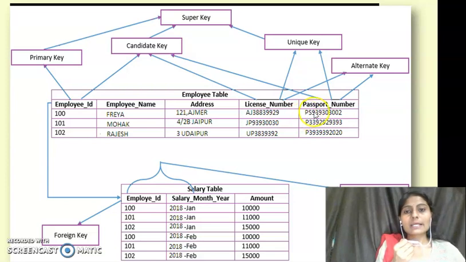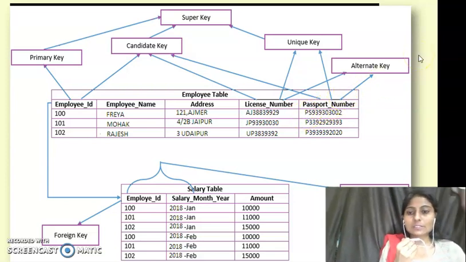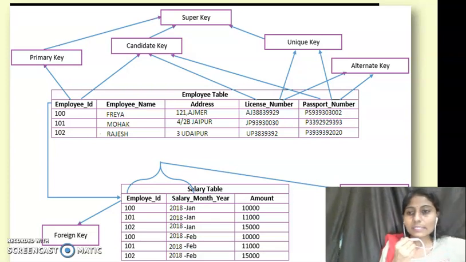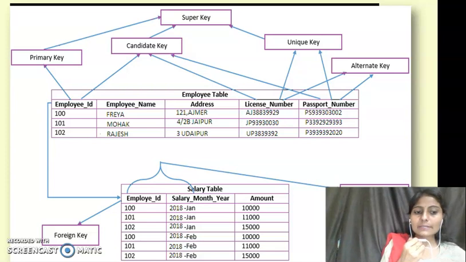So here is the clarification of the keys concept in a table by using the employee table and the salary table. First of all, the primary key is clarified to you. Employee ID will play the role of primary key because it is used to uniquely identify the record in a table.